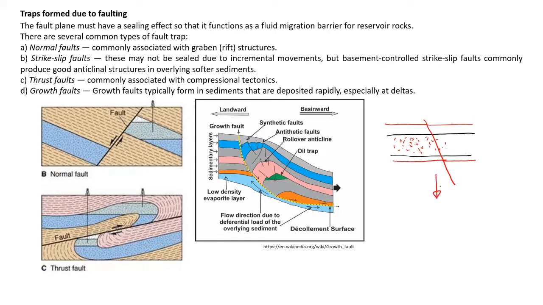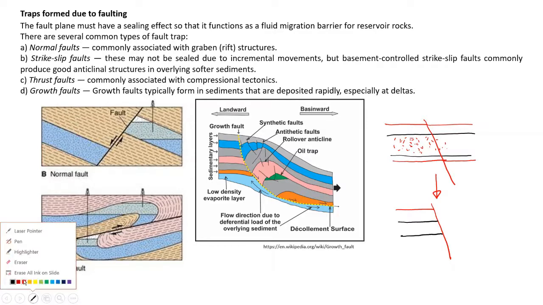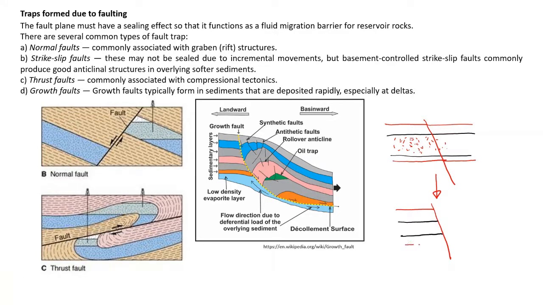So as a result, what will happen? You will have a fault plane, this strata, then the oil bearing strata, and then again the underlying lithology, like this. And once the faulting occurs, there will be a slip, and this may cause a structure like this.